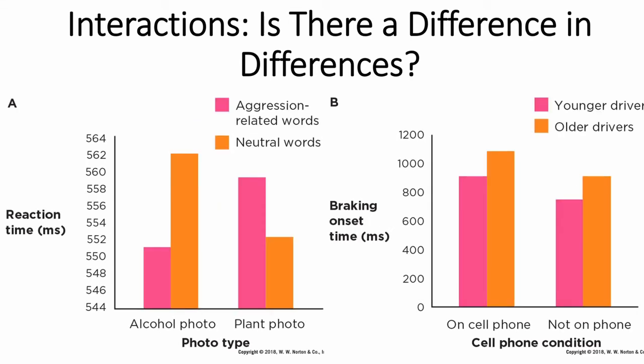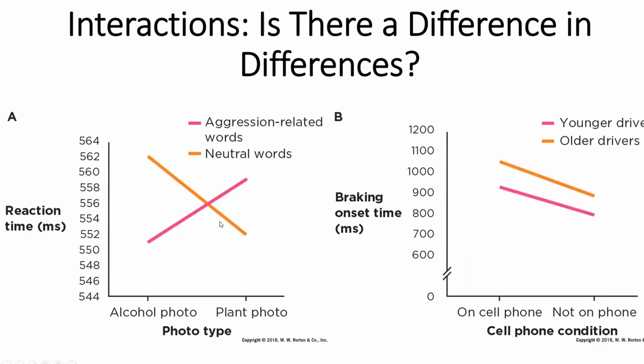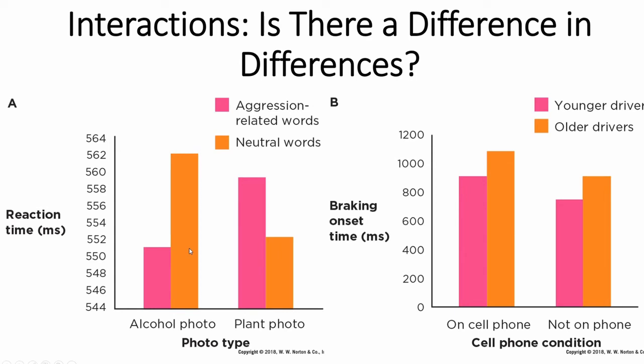Now we can present this in another way, so we can detect these interactions from a different kind of graph. Instead of our line graphs, we're now going to look at bar graphs.